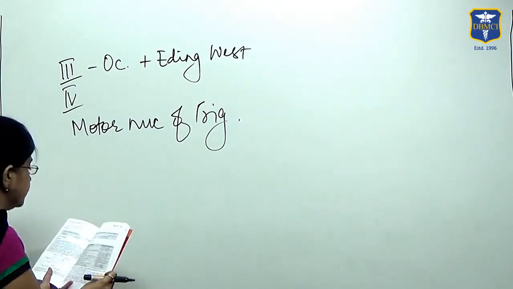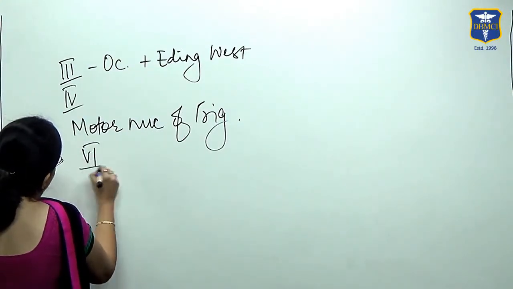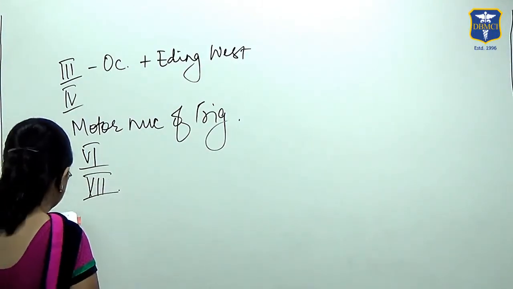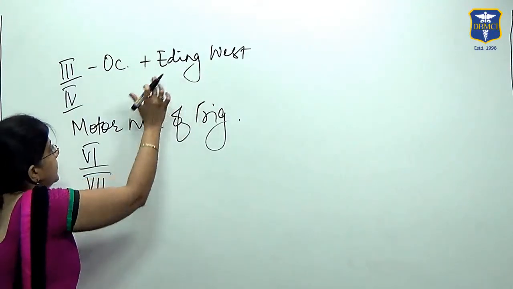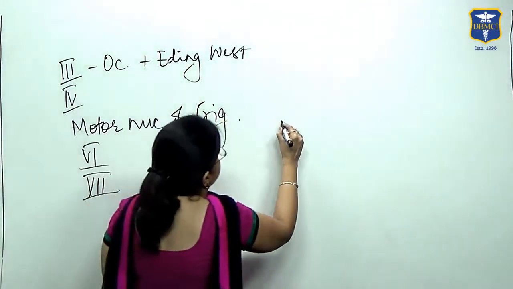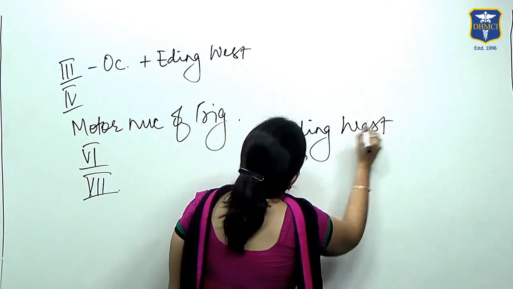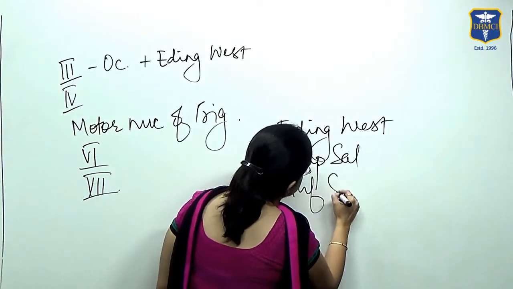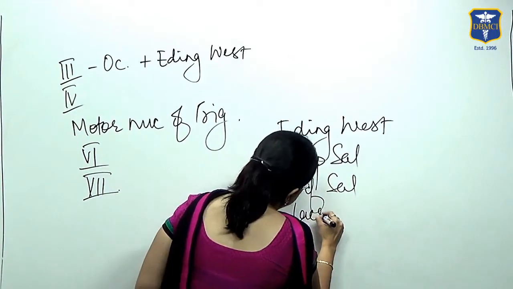So, motor nucleus of trigeminal, then nucleus of abducent nerve, motor nucleus of facial, then all the parasympathetic nuclei like Edinger-Westphal, superior salivatory, inferior salivatory, lacrimatory.